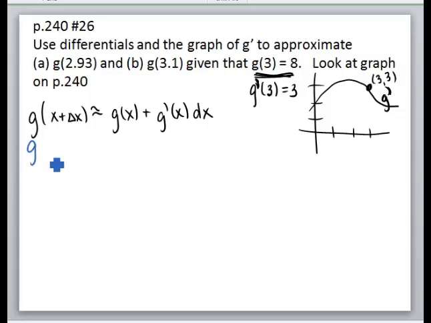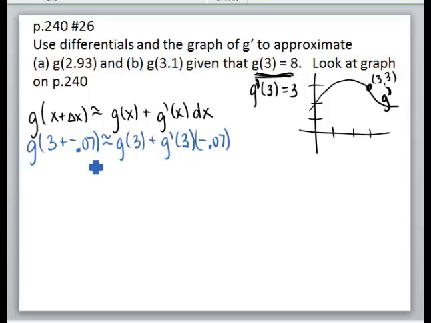I'm going to say g of 3, because that's the only information I have. g of 3 plus, this would be a negative 0.07, is approximately equal to g of 3 plus g prime of 3. And my dx is the same as my change of x, so negative 0.07.